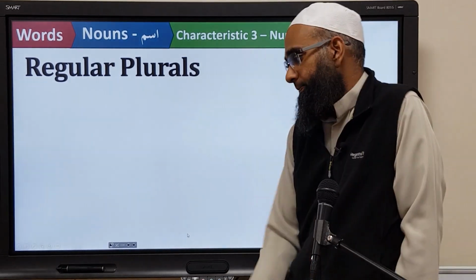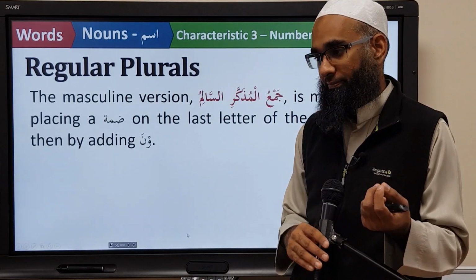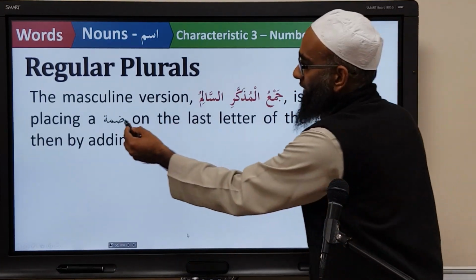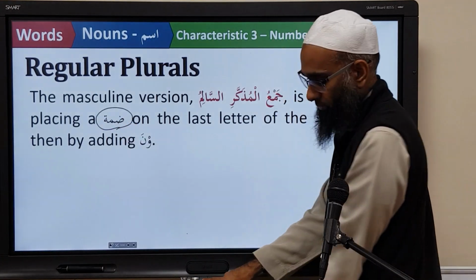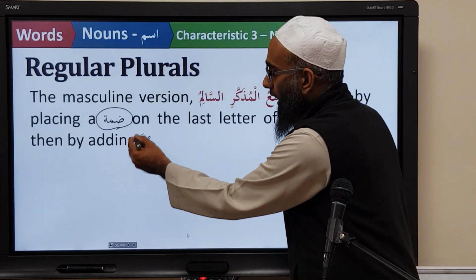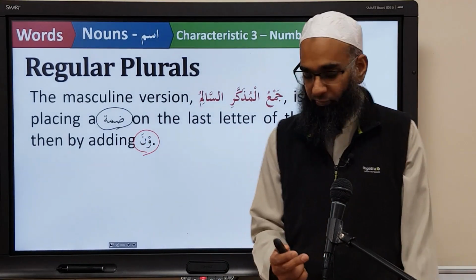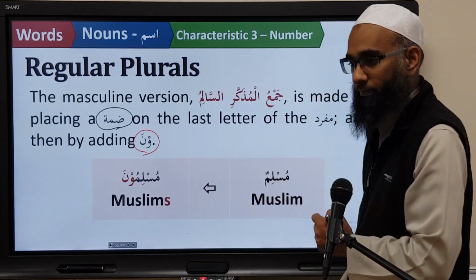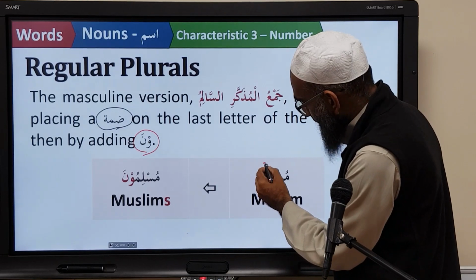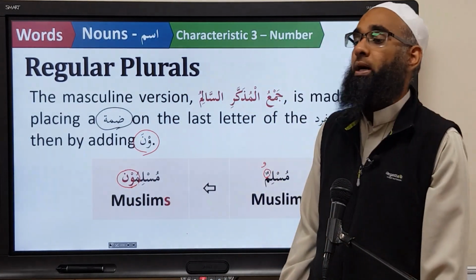So let's try this. The first one is for mudhakkar. So what's the rule? You add a dhamma on the last letter. Then you add waw noon. So for masculine words, for example, you have muslimun. All you have to do is add a dhamma, add a waw noon, and it becomes muslimuna.